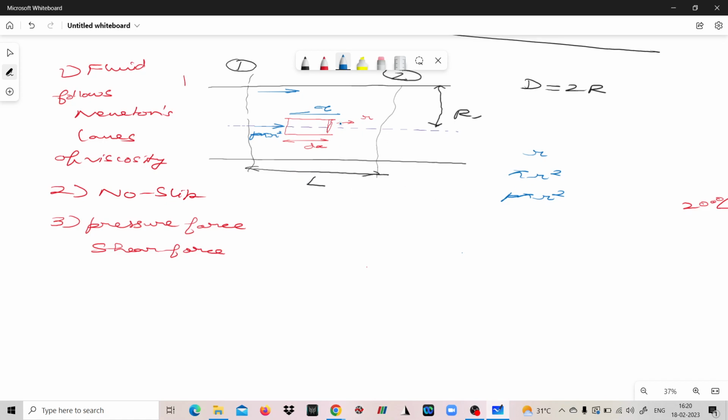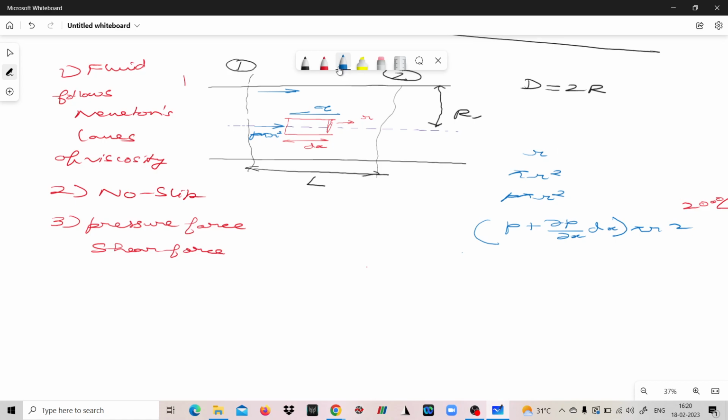Now what will be the pressure force on the other end? On the other end, if we use linear variation of pressure and follow Taylor's series expansion, the pressure will be P plus del P by del X into dx, into pi r square.